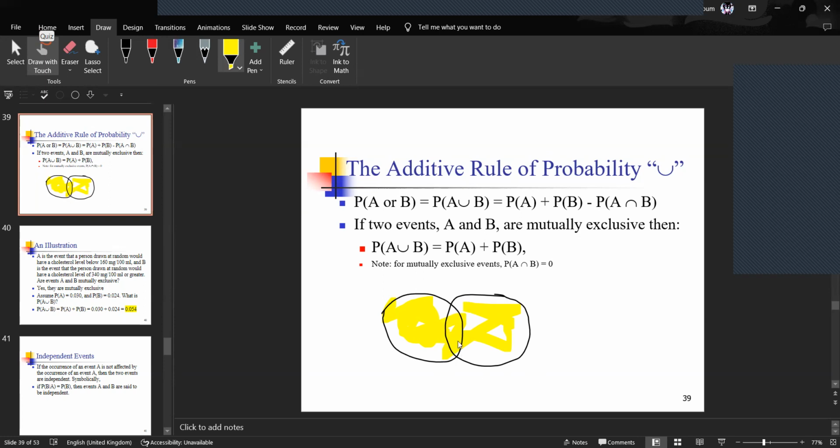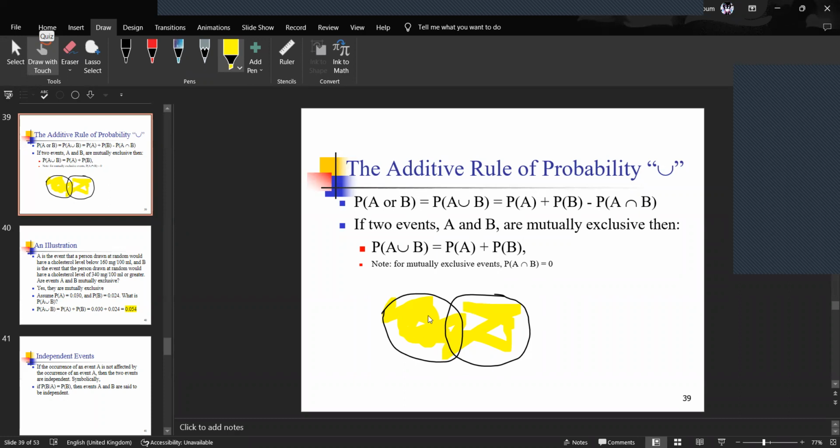So why are we subtracting the intersection? It's because if we only do the probability of A plus the probability of B, then we're counting the intersection twice. The exception is if they're mutually exclusive, because then there's no intersection.